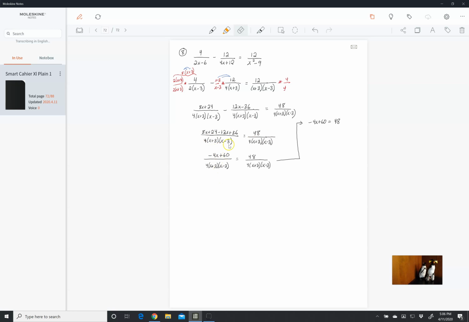You can't skip both, because the idea is that you must show at some point that you have one fraction on the left and one fraction on the right, so that if the fractions are equal to each other, the denominators are equal to each other, then we can set the numerators equal. And this is a nice one because we just have a linear equation, so we can subtract 60 from both sides.